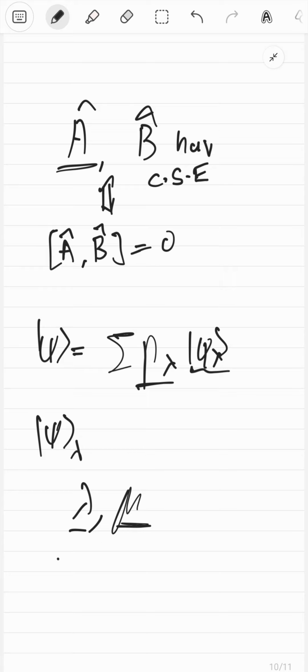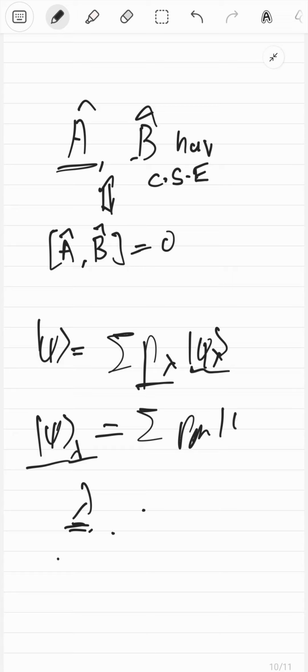But if these were incompatible, and you had psi equal to the eigenstate psi sub lambda, then a would certainly be this thing, but b would not be, because there is no such one particular mu. Remember that this is possibly not an eigenvector of b, which means you will have to express this as a summation of p sub mu psi sub mu.